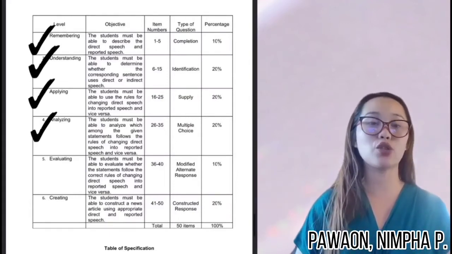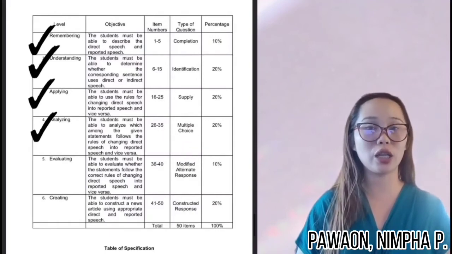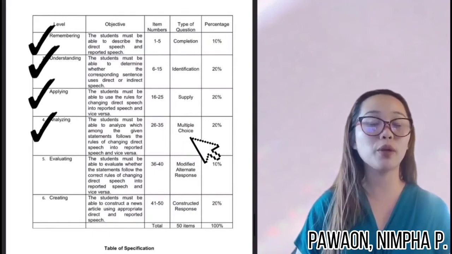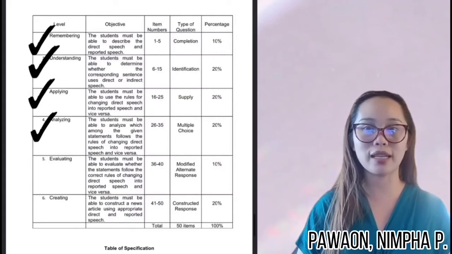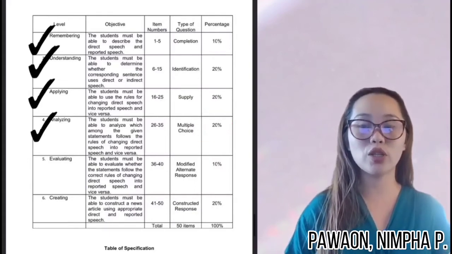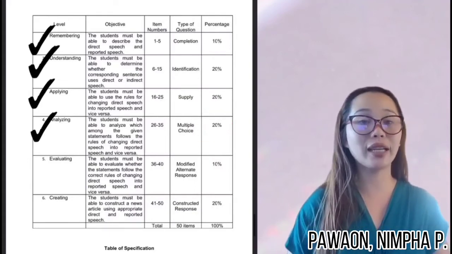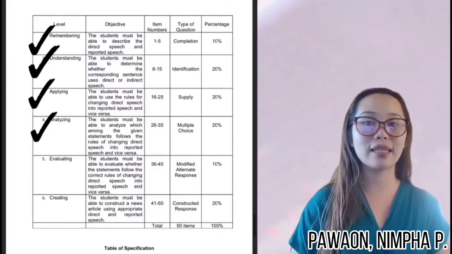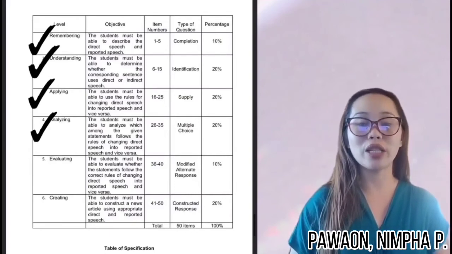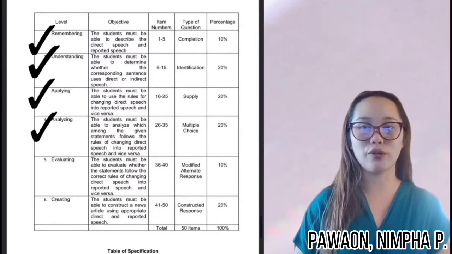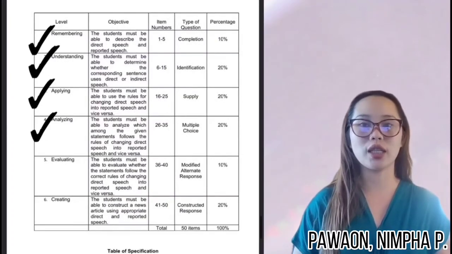The items here are 26 to 35, all multiple choice, and it is 20%. This type of question is under analyzing because they will be able to analyze which is the correct answer of the given question.